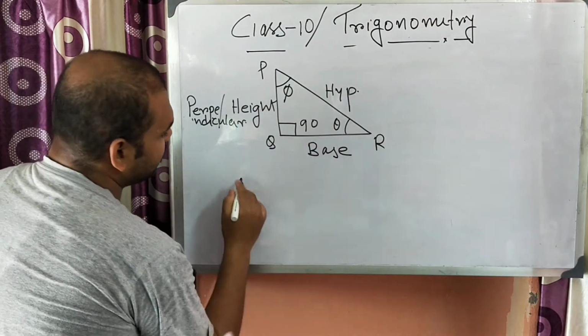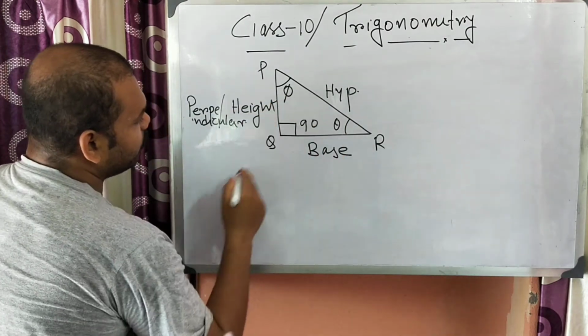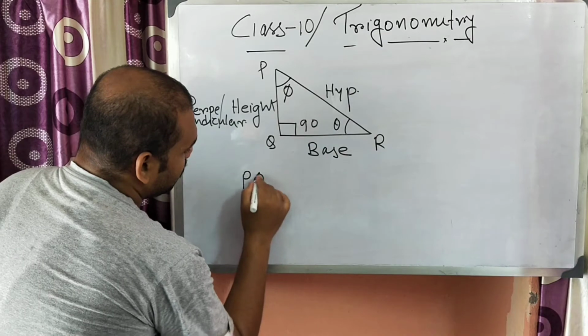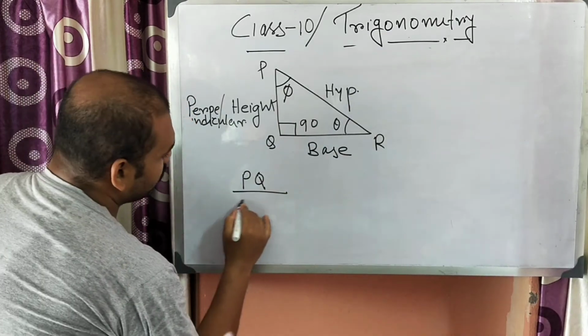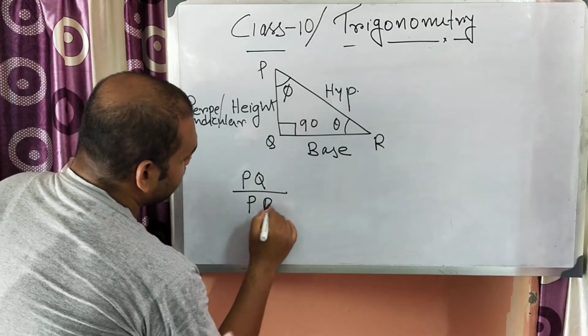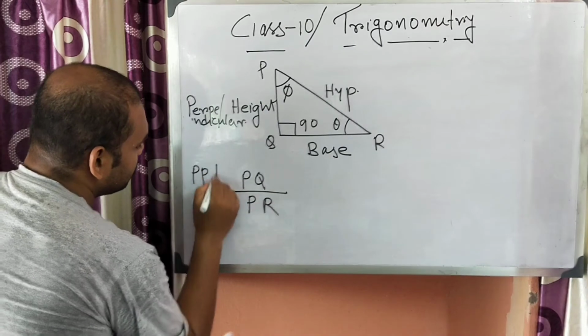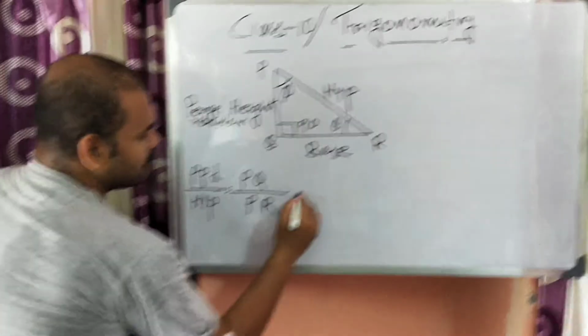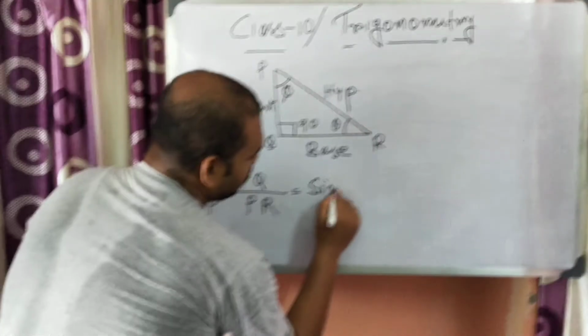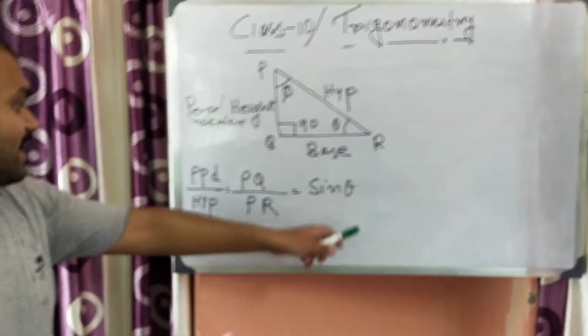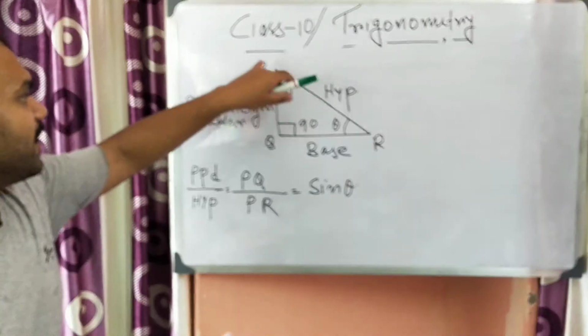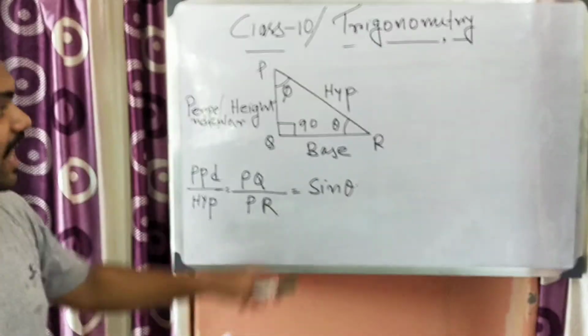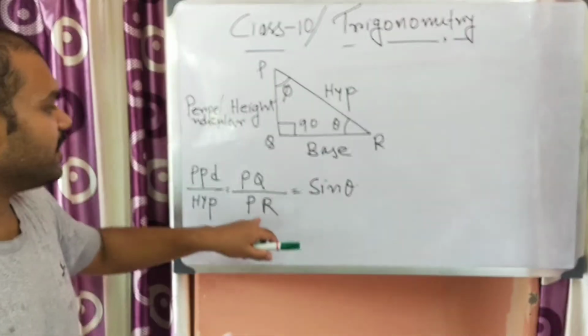So in case of theta, the ratio of perpendicular to the hypotenuse, that is PR, perpendicular by hypotenuse, is equal to sine of that angle. So sine of that angle is equal to perpendicular by hypotenuse.